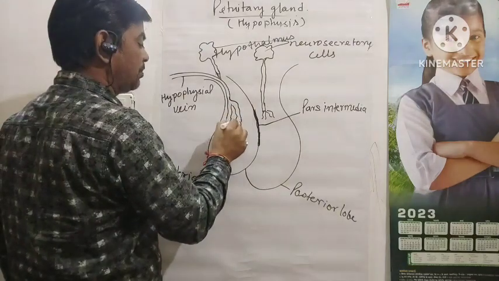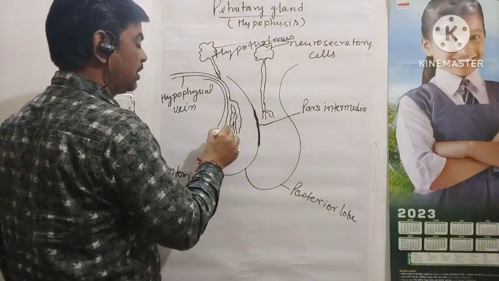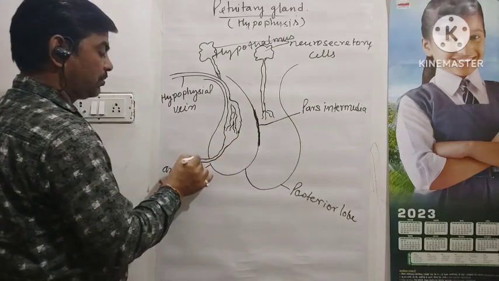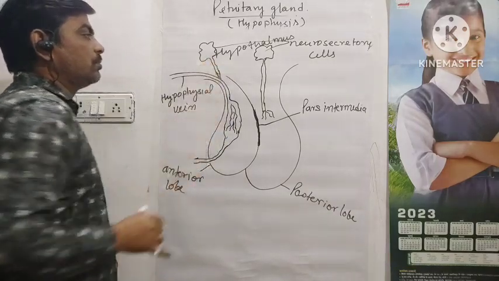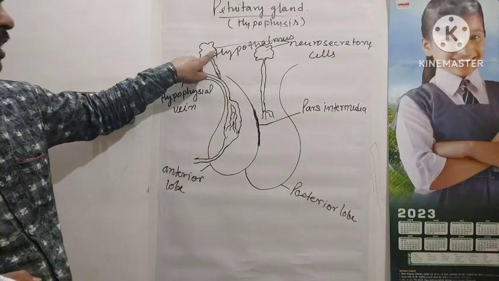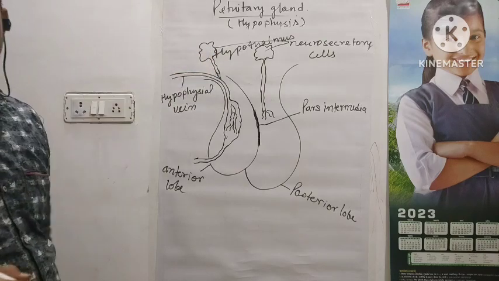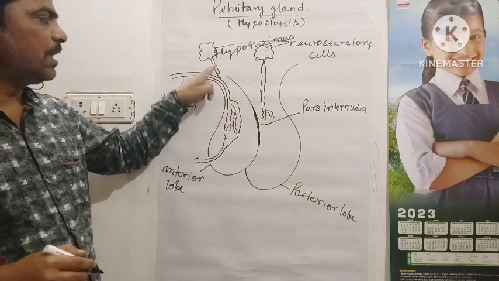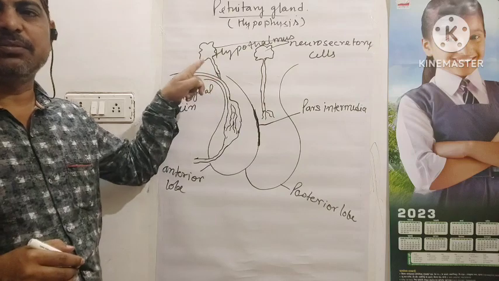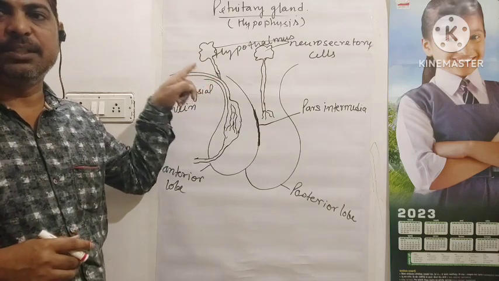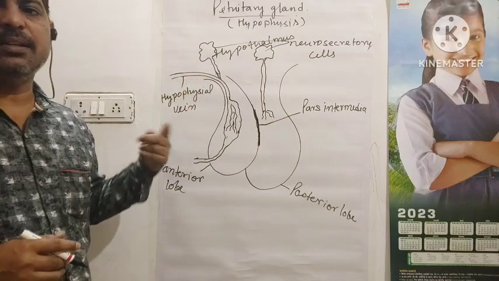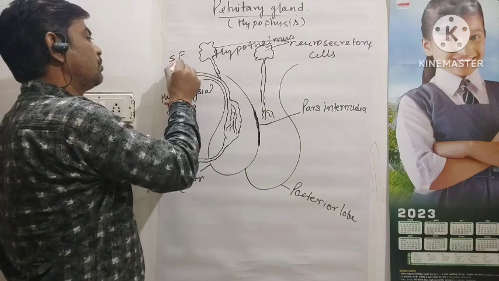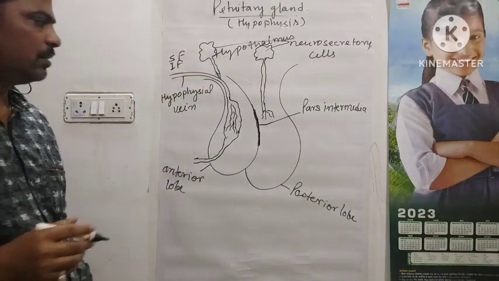These are the capillaries, arterioles, and venules, and they all come through this point. The neurosecretory cells of the hypothalamus secrete stimulating factors or inhibitory factors into the blood, not actually hormones, they are factors.